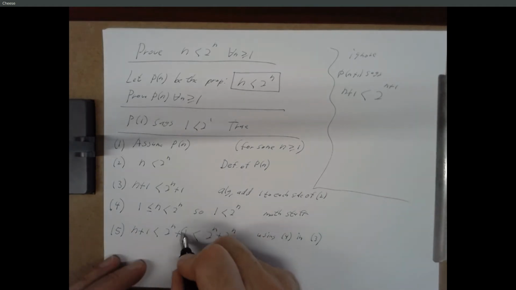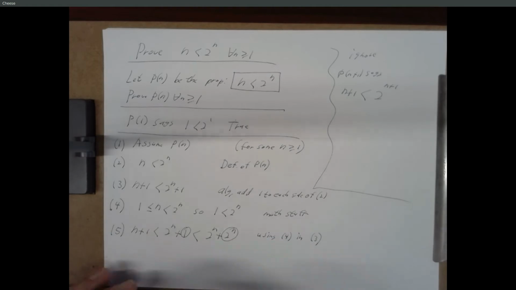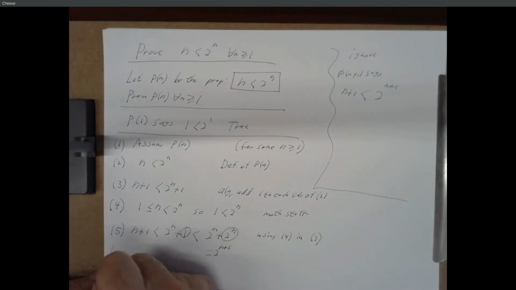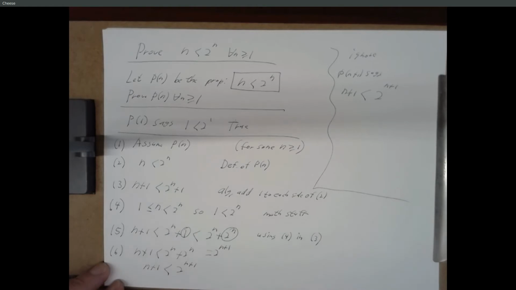So I took this 1 and used the fact that it's less than 2 to the n. And what's 2 to the n plus 2 to the n? That's 2 to the n plus 1. So n plus 1 is less than 2 to the n plus 2 to the n, which is equal to 2 to the n plus 1. So n plus 1 is less than 2 to the n plus 1.